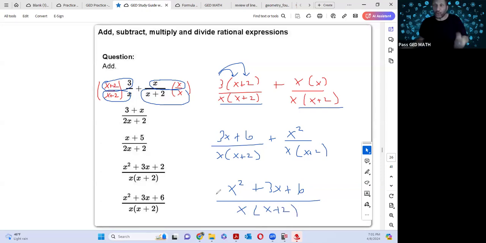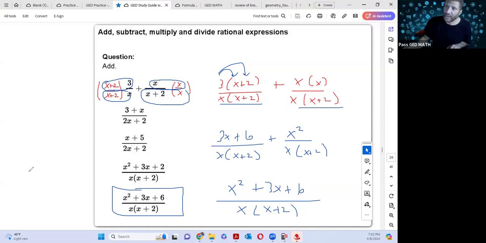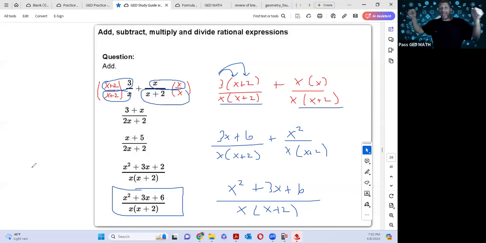This problem that looks like the most difficult problem on this exam is not a hard problem. But what you got to remember is that when they gave you this rational expression, the denominators weren't the same. And what you should remember is that you cannot add fractions that do not have the same denominator.